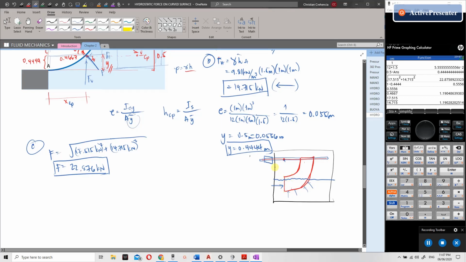So kung tinaas mo pa yung tubig hanggang dito, yung mga forces dito sa portion na to dadaan pa rin dun sa pivot, na hindi siya magkakaroon ng moment or turning moment dito sa apparatus. So ang magkokontra na lang dyan is itong hydrostatic force dito sa vertical surface and yung mga weights na inilalagay dito. Okay? Ayan, so maganda rin tong experiment na to.